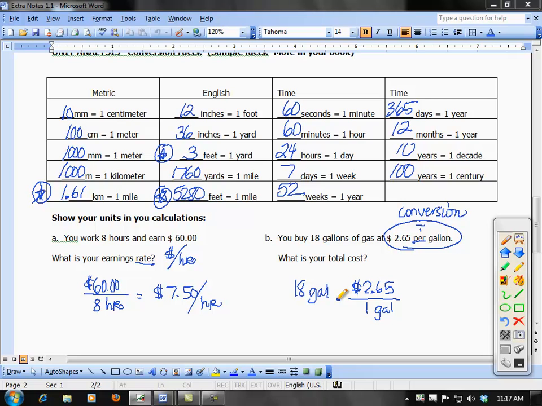In conversions, you want the same quantity on top and bottom to cancel. Because they're asking about cost, I want to keep the dollars but lose the gallons. So I can cancel off gallons if it's on top and bottom. And what you'll notice now is that I just do 18 times 2.65, and you end up getting still the dollars that are left. $47.70 is what it cost me for gas for the 18 gallons. Okay, I wish gas were $2.65 now. I think you can all agree, but this is the idea.